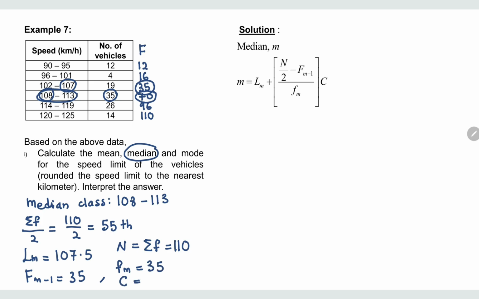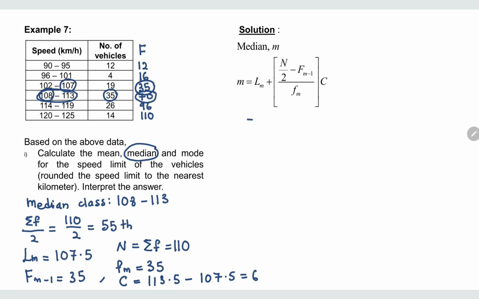Then the frequency of the median class is 35. And we can find the class size, by taking the upper boundary of the median class, 113.5, minus the lower boundary, 107.5, which equals 6.